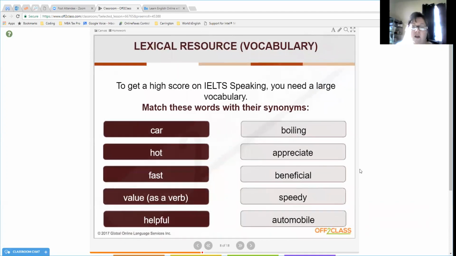Okay, so to get a high score in the speaking section, you need a large vocabulary, and as I mentioned before, it's very important that you have this vocabulary prior to taking the IELTS preparation course. You should be testing at a level in the level test that says you're prepared for that.